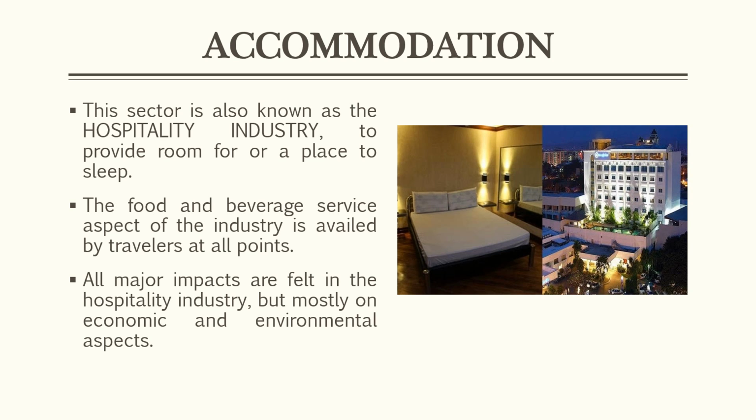There are different types of accommodation. It could be in the form of a hotel, motel, condominium, parador, bed and breakfast, pension house, even our local houses, boarding houses, or any other lodging facilities that provide accommodation services to our visitors.